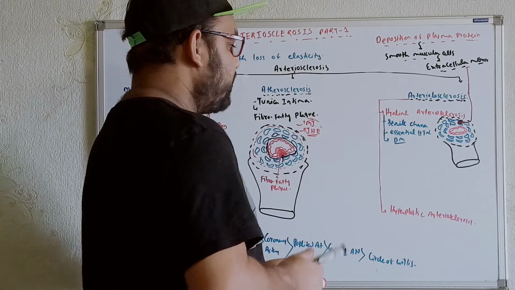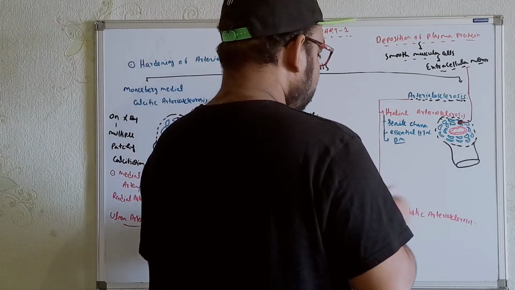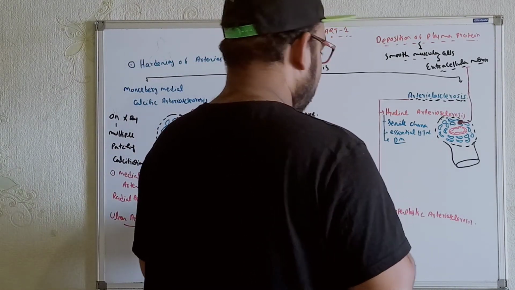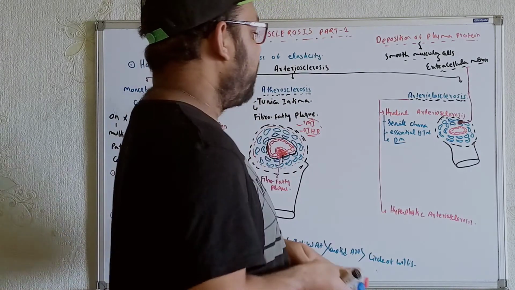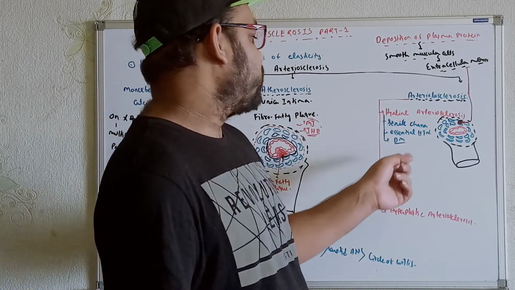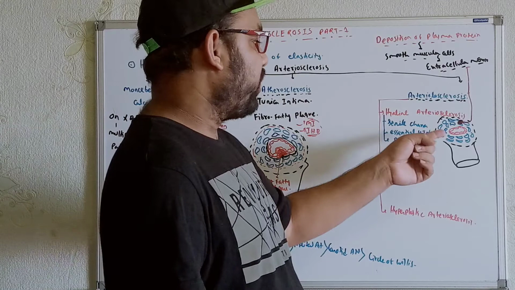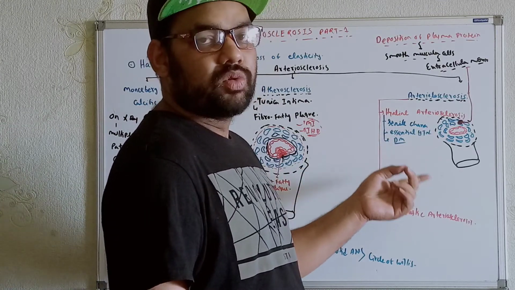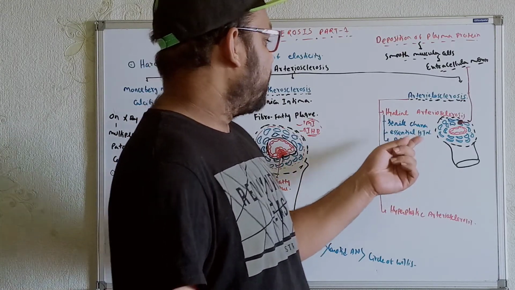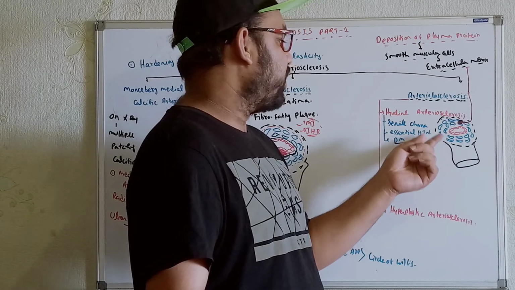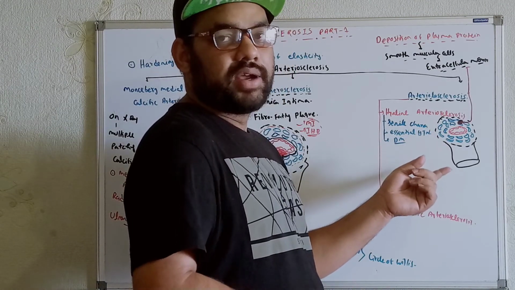How? See, especially if you talk in terms of the kidney, why do we get the development of arteriosclerosis in diabetes mellitus? As we know from basic knowledge, whenever we get more glucose in the circulation, this glucose will react with protein molecules, the glycosylation reactions, right?